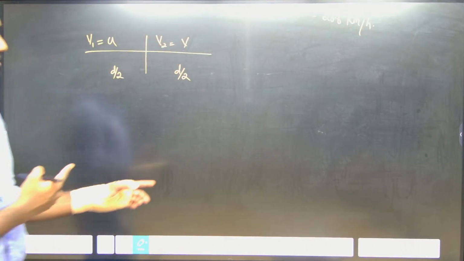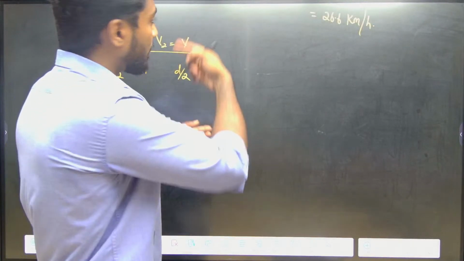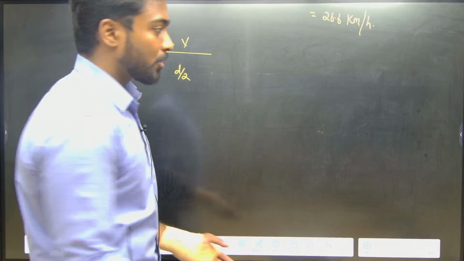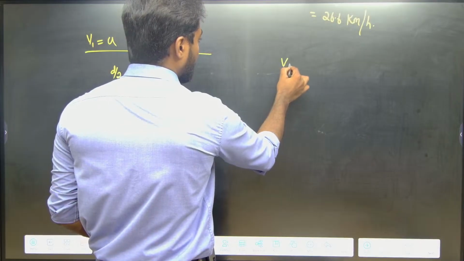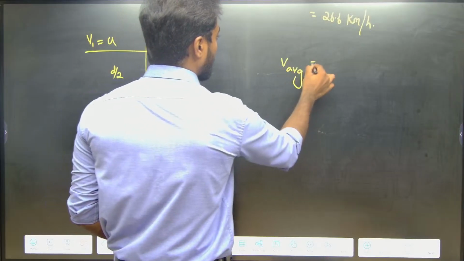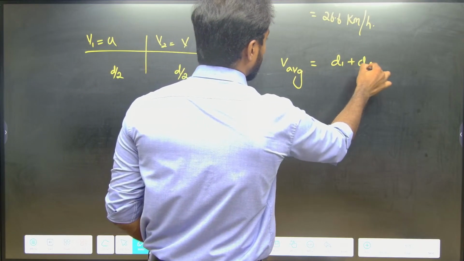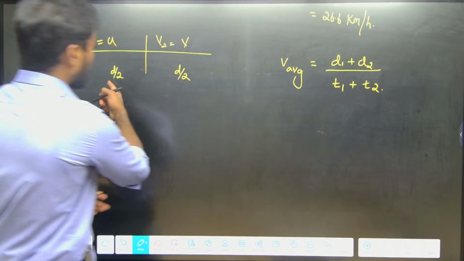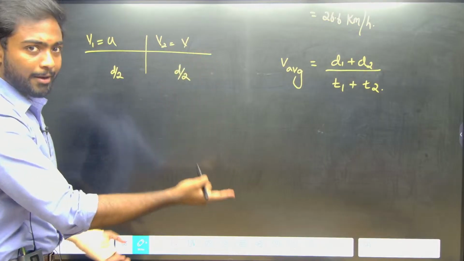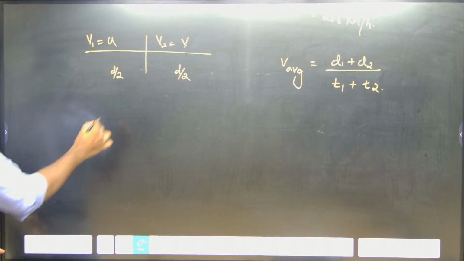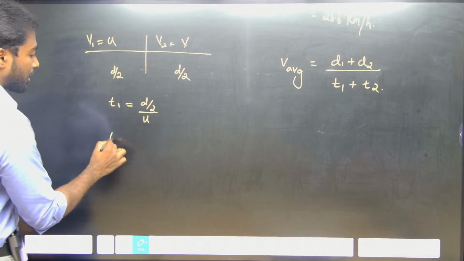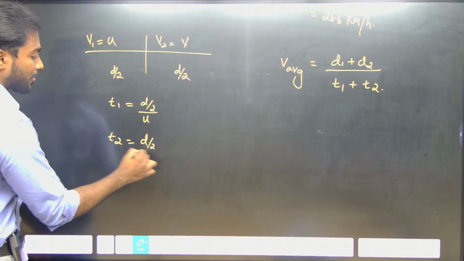Sir, same right, this is the same kind of problem we saw earlier. Yes, same only. V average will be equals to d1 plus d2 divided by t1 plus t2. d1 I know d by 2, d2 I know d by 2. What about t1 t2, sir? So t1 is equals to d by 2 by u, t2 is equals to d by 2 by v.